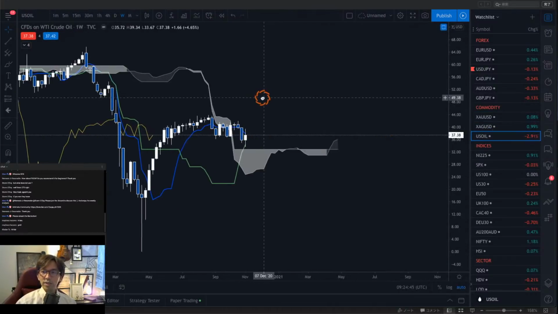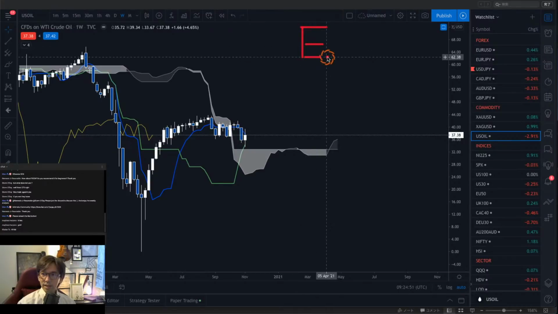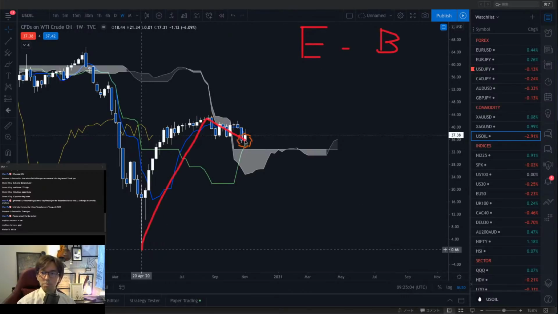WTI oil right now, this is flat. The equilibrium is bullish still because the price is above the Kijun Sen and the Kumo. So equilibrium is bullish, so that means the market might go up afterwards like this. It's bullish.